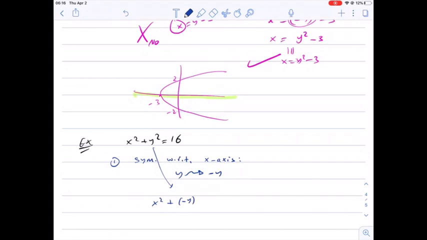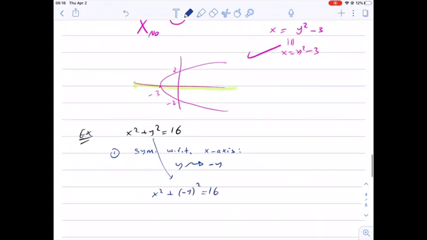So this becomes x squared plus negative y squared equals 16. But negative y squared is just y squared because the power is even. That means we obtain a positive value, equals 16, and that's the original equation. So yes, we have symmetry about the x-axis.